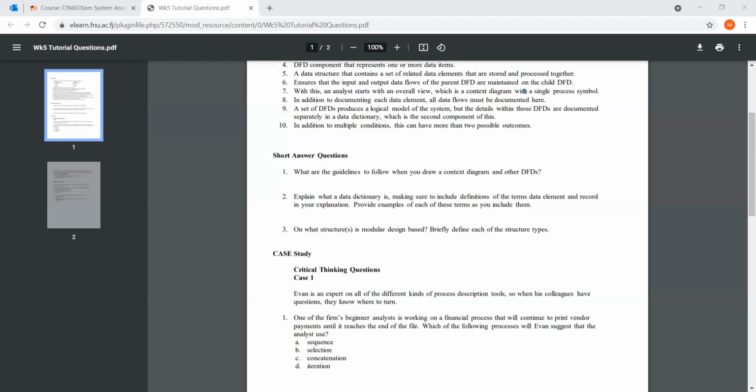Record is a meaningful combination of related data elements that is included in a data flow. Full stop.